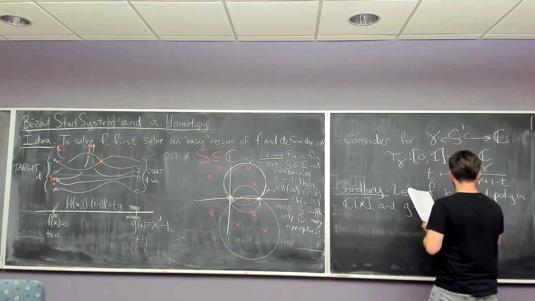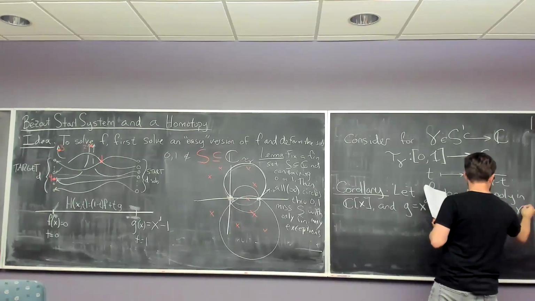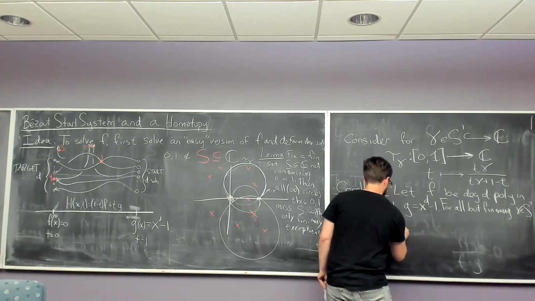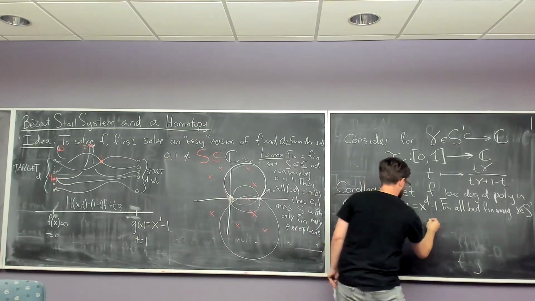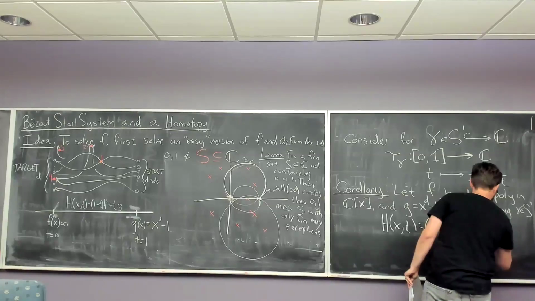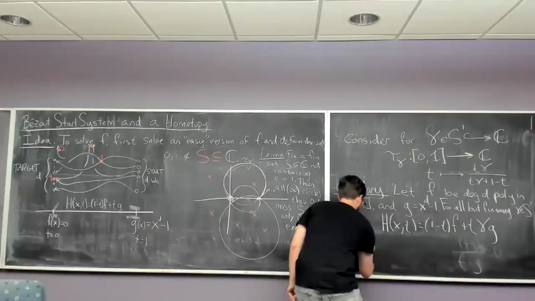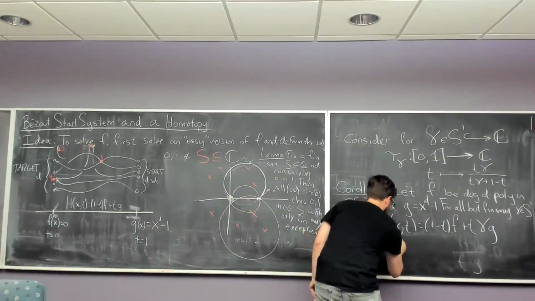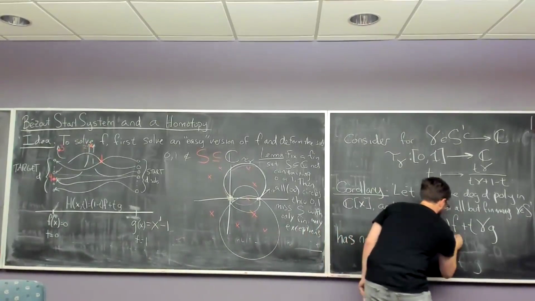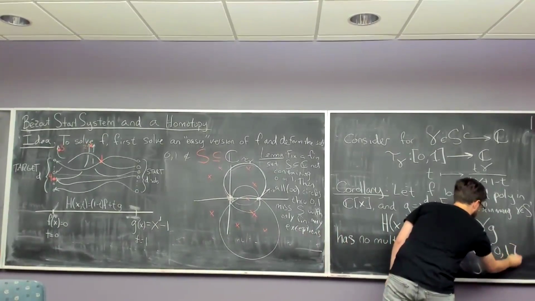For all but finitely many complex angles gamma, the following homotopy has no multiple roots for any t value in this half open half closed interval.